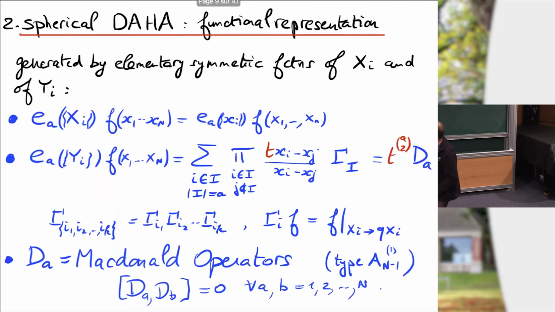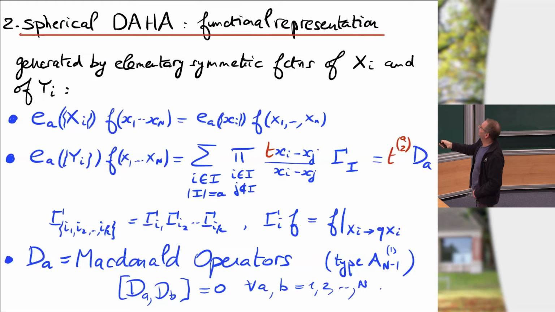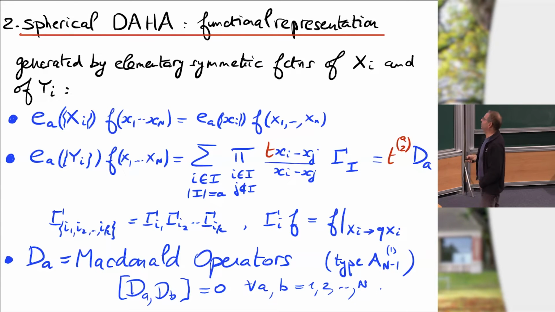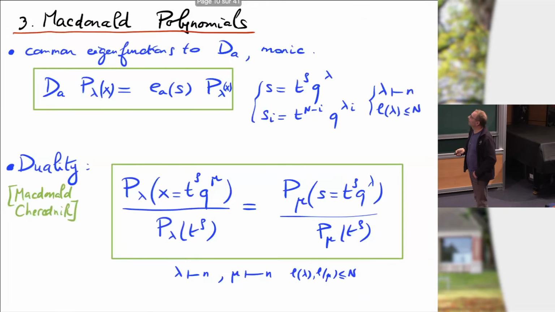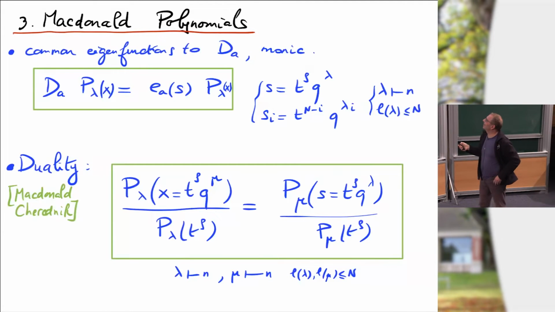But what about D_A? D_A is defined as this element, it's the representation of this element in the functional representation. Sorry, I try to write as little as possible, but then things are missing.